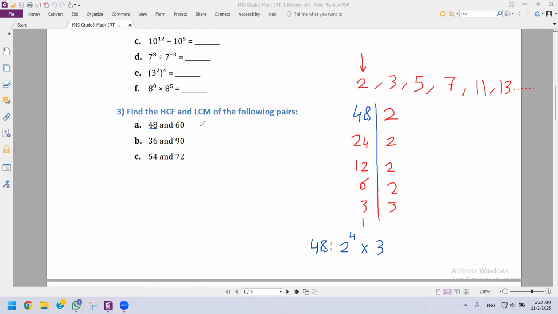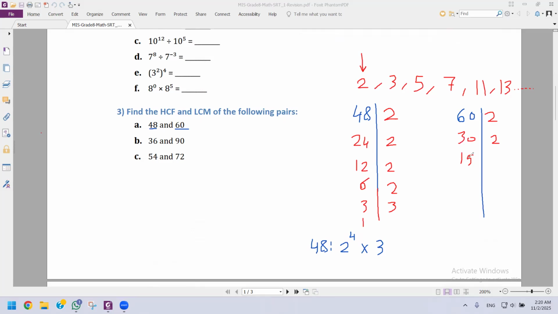Now I should do 60. Let me write 60 here, and then this. Again, the same steps. 60 divided by 2, 30. 30 divided by 2, 15. 15 is not even, I can't divide by 2. We check, can I divide by 3? How do I check divisibility by 3?